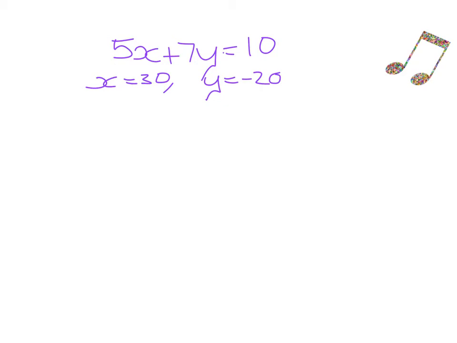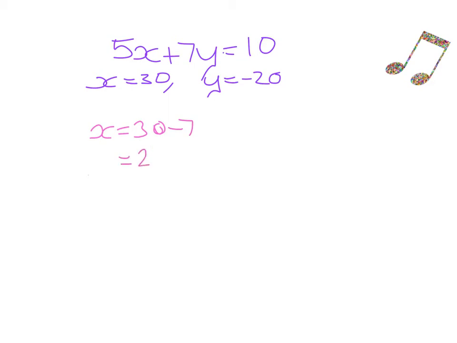Now, to get our second lot of solutions, I'm going to get my new x. First we're just going to look at how to find the next set of solutions. So for x, I'm going to take my value of 30 and subtract 1 lot of 7.